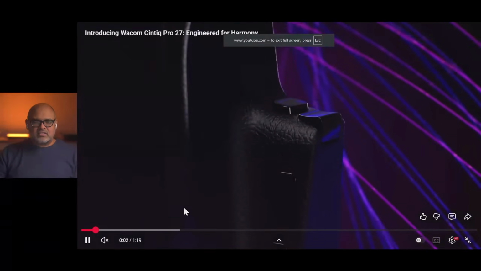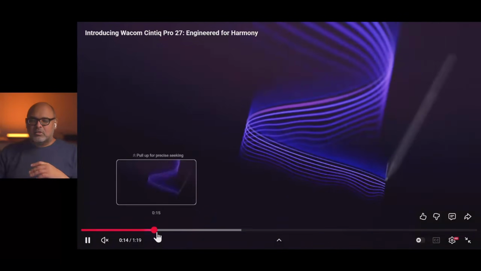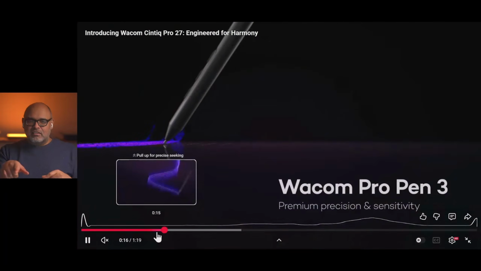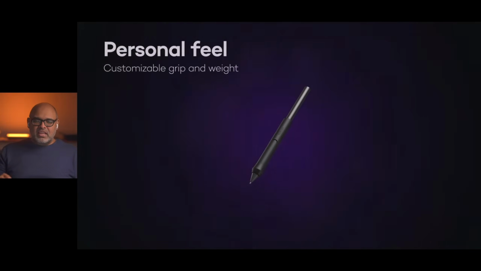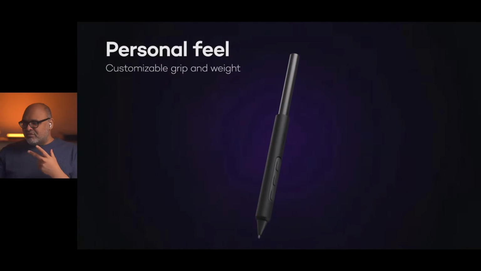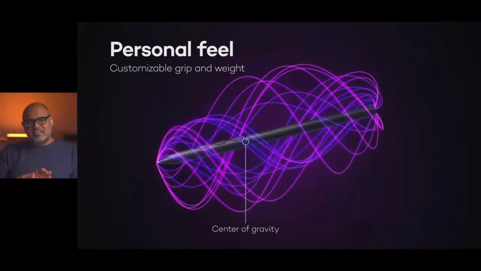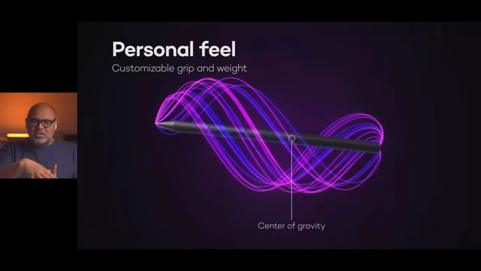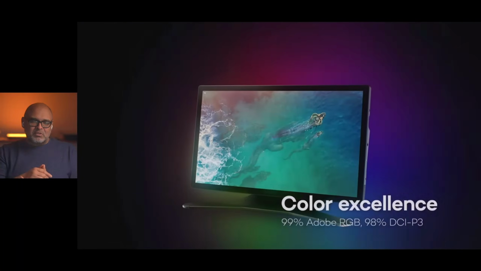Somewhere here they'll do it. Here we go, like that. They have this video where the pens are creating these light effects through space. I don't want this effect, but you get the idea. I love this look, by the way.